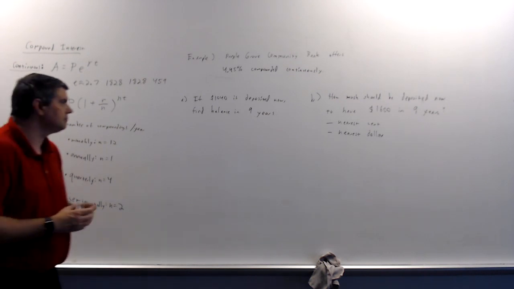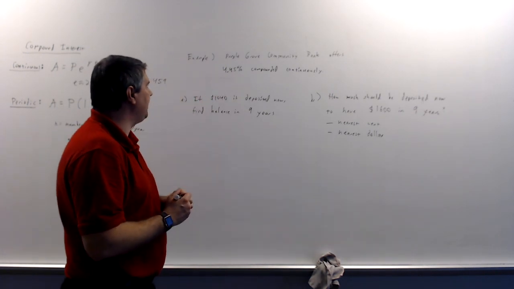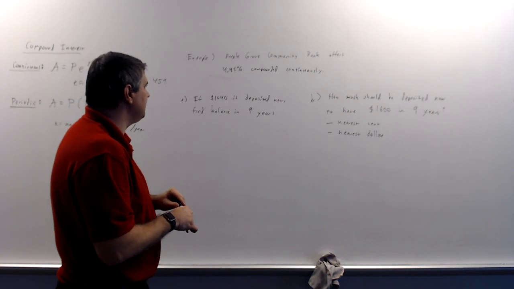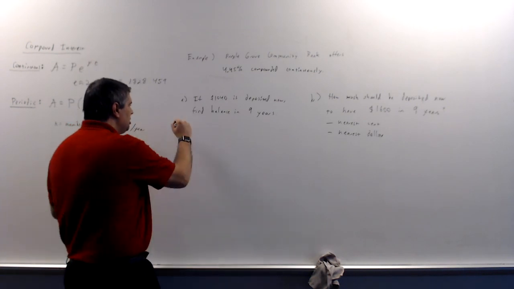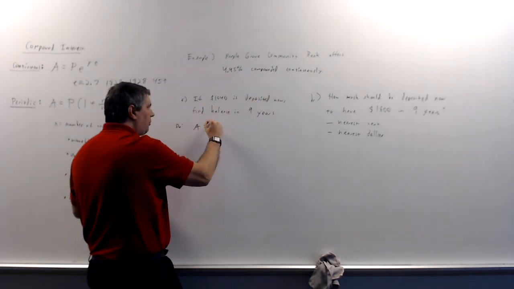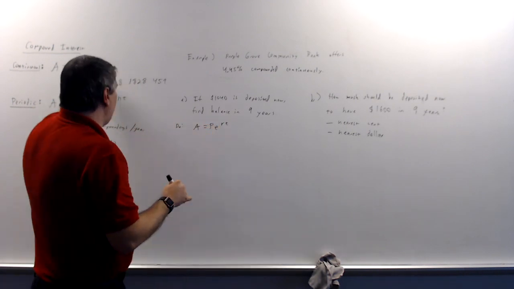Okay? So, Purple Grove offers 4.45% interest compounded continuously. If 1,040 is deposited now, find the balance in 9 years. It says it's compounded continuously, so the appropriate formula is the continuous compounding formula. Okay?